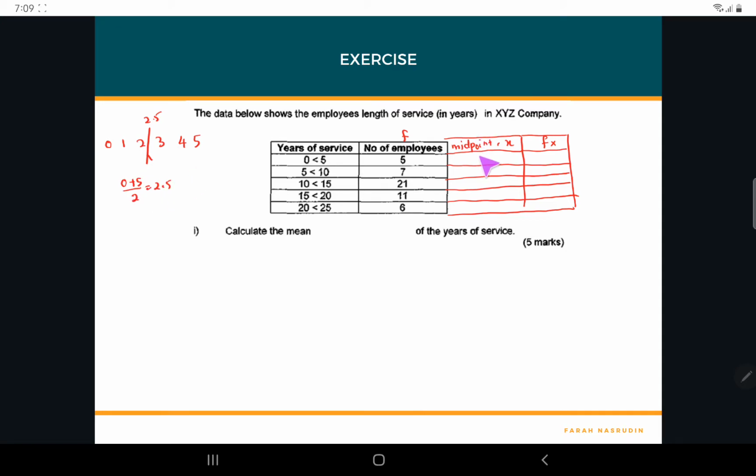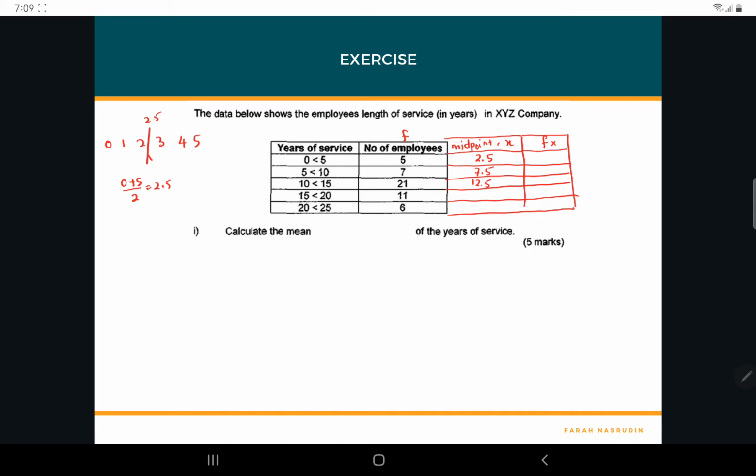So the first midpoint is 2.5, and then for the second midpoint we simply add 5 with 10, 5 plus 10, and then divide it by 2. It is 7.5. And then the third one is 10 plus 15, which is 25, and then divide it by 2, so we have 12.5.